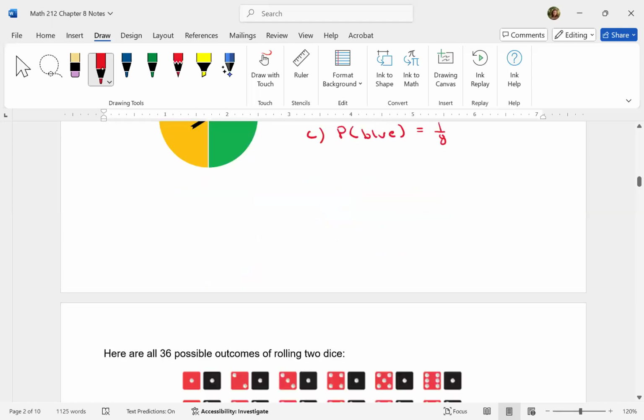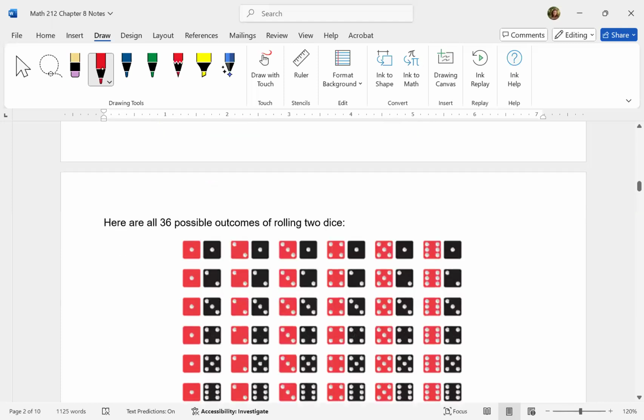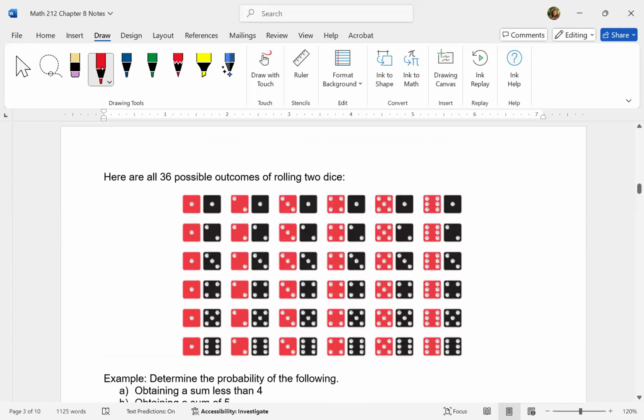Okay, so the book made a point of giving you all possible outcomes of rolling 2 dice. So I included a picture of that here in the notes. You'll notice there's 36 total, and that's mentioned, of course. It's organized really nicely for us to see that all of the things in the first column is when the first die is only going to have a 1.